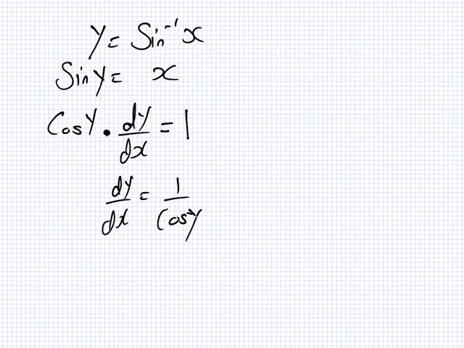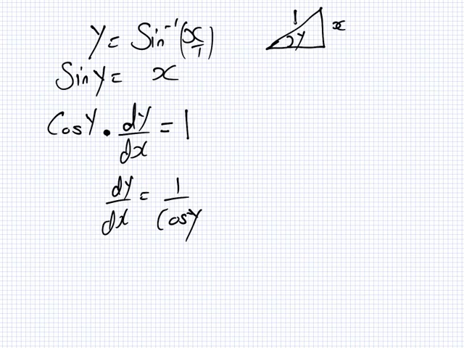Now you can draw this triangle. The angle is y. The opposite is x. The hypotenuse is 1, because this is like x over 1. What's the definition of sine?